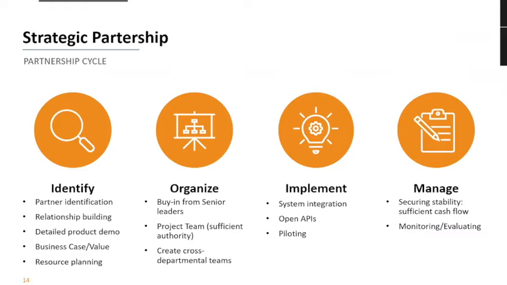And the partnership cycle actually starts first of all with identifying the partner. When you look at the partners, you build a relationship first of all. You have a detailed product demo. Some institutions might ask for a testing account to have access and to have the user experience on their own.